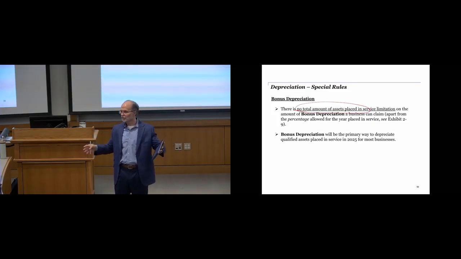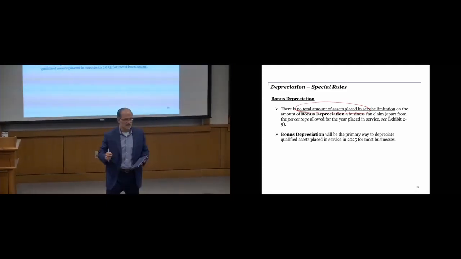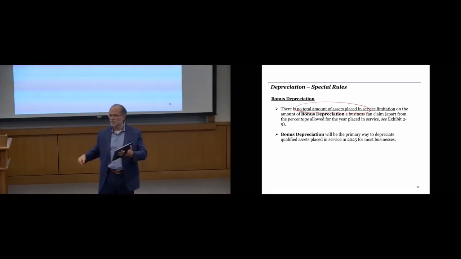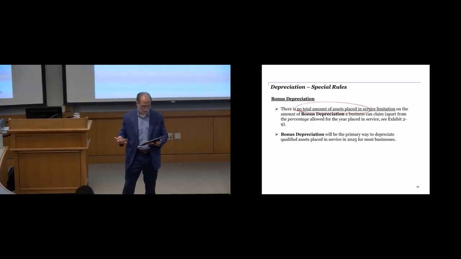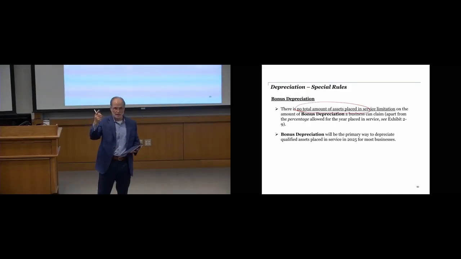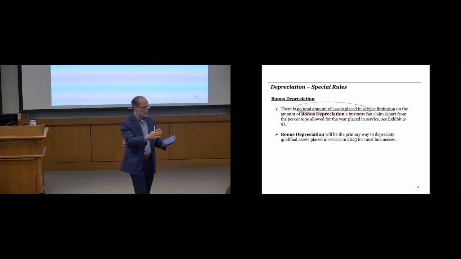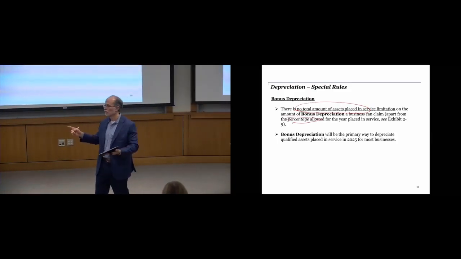We just build new things onto things that are there. So we have 179 sitting there, and somebody comes up with a great idea: let's do bonus depreciation. We want all the big companies to be able to take it. So the only limitation you have is it's got to be qualified property, typically less than 20 years, and the percentage allowed in that year.